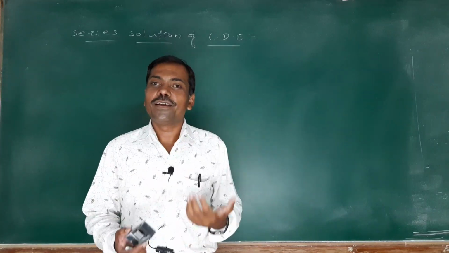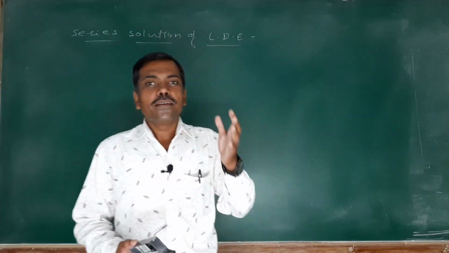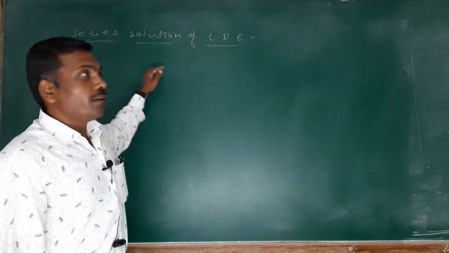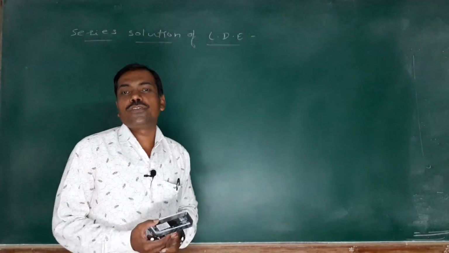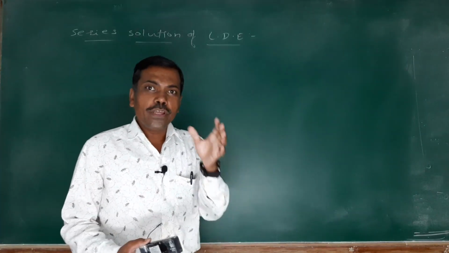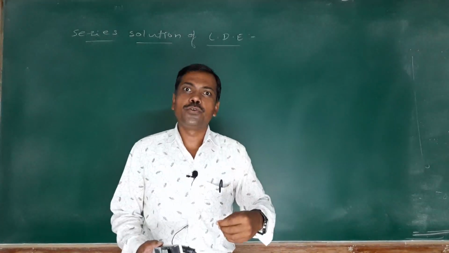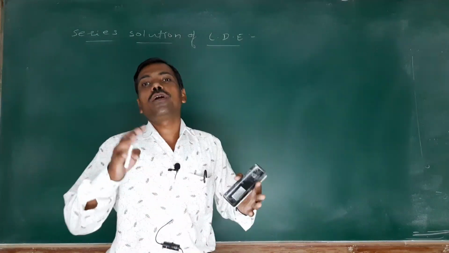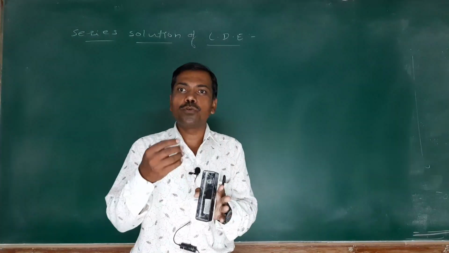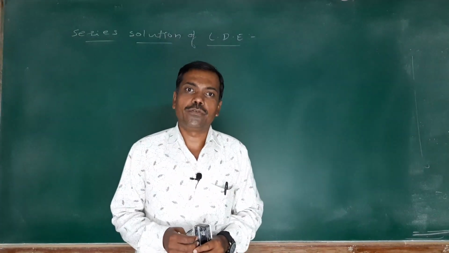Do you remember it? Now let us see how we solve, using infinite series, the linear differential equation with variable coefficient. We restrict ourselves in this unit up to the second order linear differential equation with variable coefficient. So our curriculum is up to the second order linear differential equations.